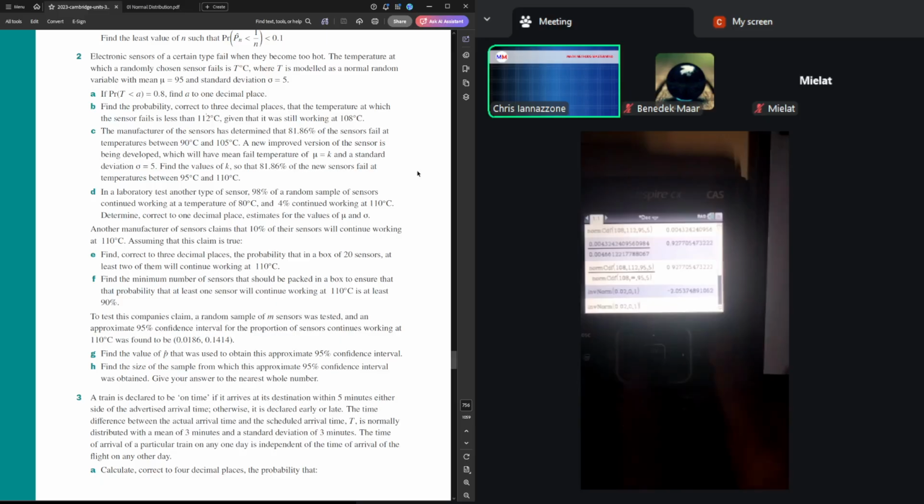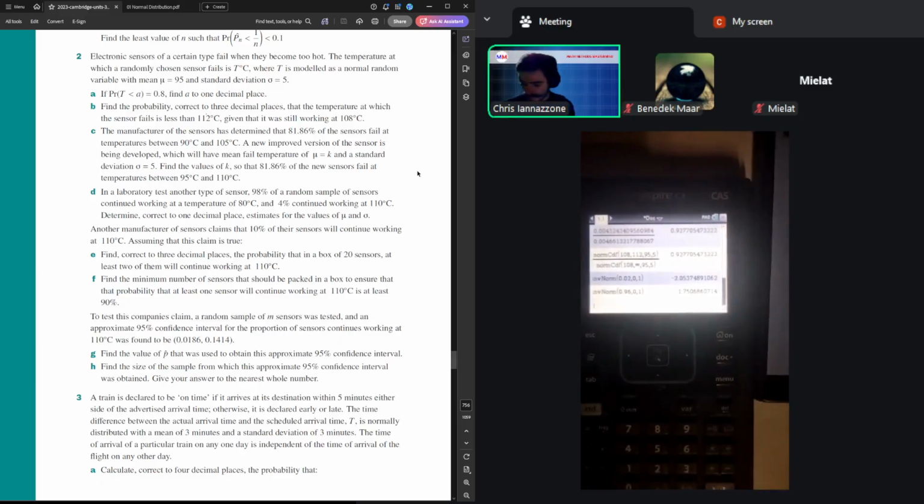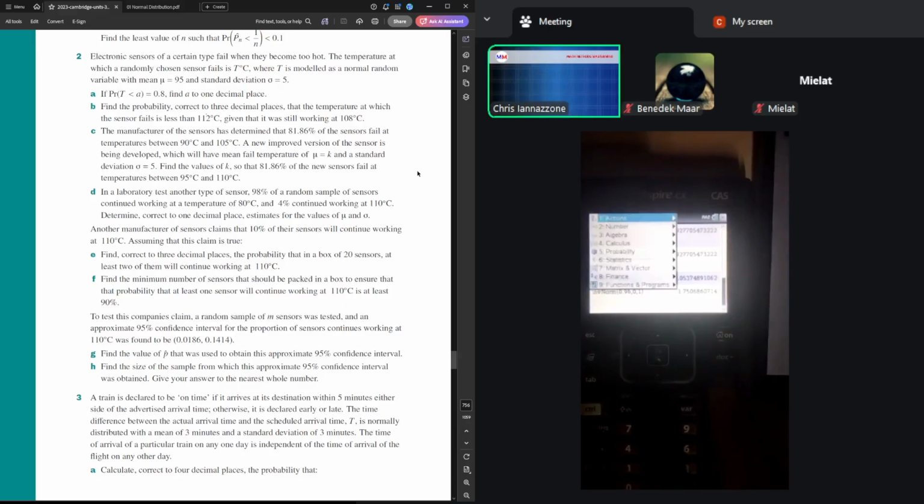Then for the other one, if it was 4% pointing right, then that means 96% pointing left. And that gets us our two Zs to go along with our X's. From here, we have two equations, two unknowns, simultaneously solve.